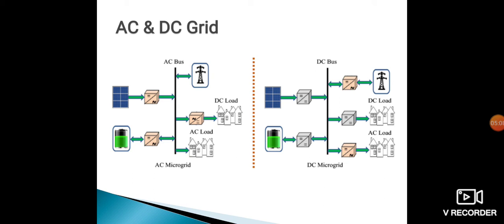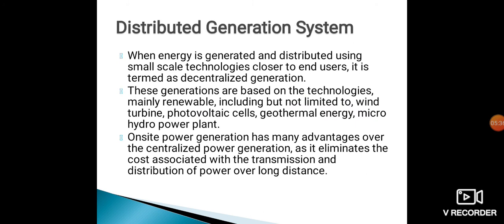To supply the DC load and DC generation, we require an AC to DC converter or DC to AC converter. Whereas in case of a DC microgrid, you can see less conversion is required because it uses the DC bus as a common part. So this is about the diagram of AC and DC microgrid. Now we will see distributed generation system.